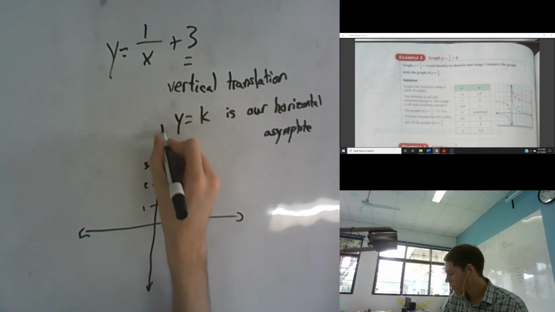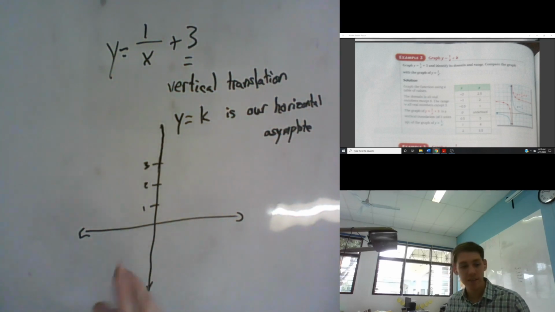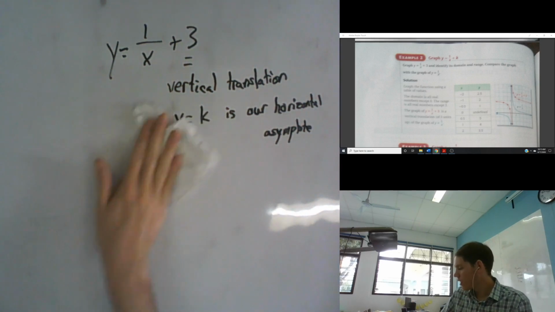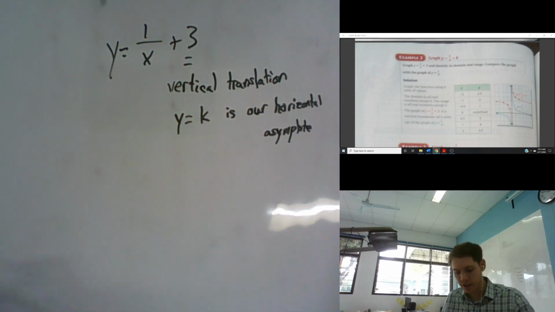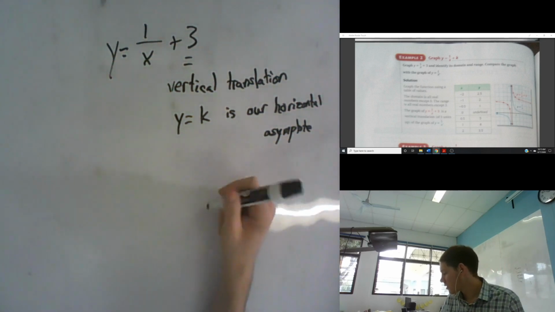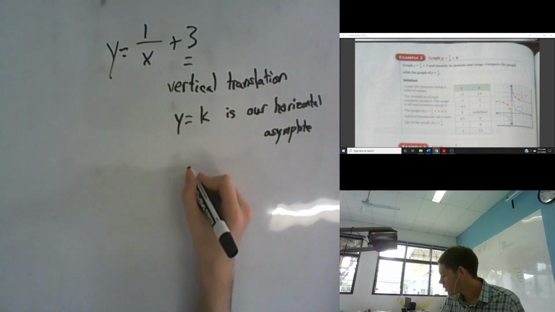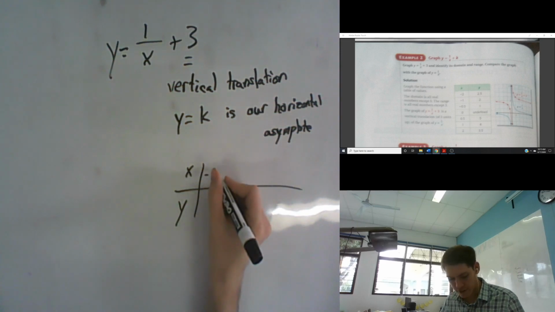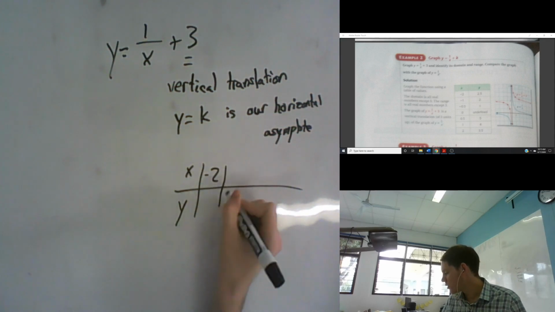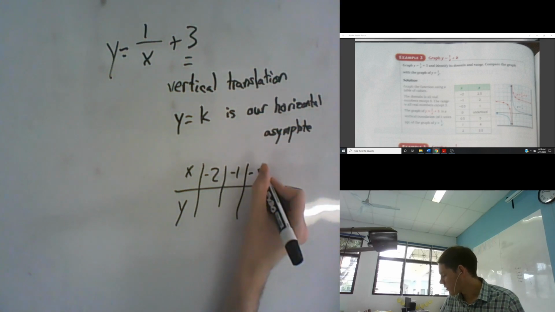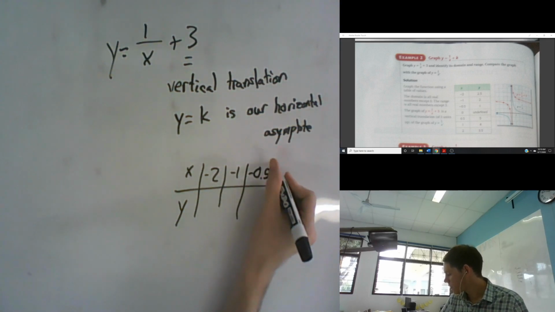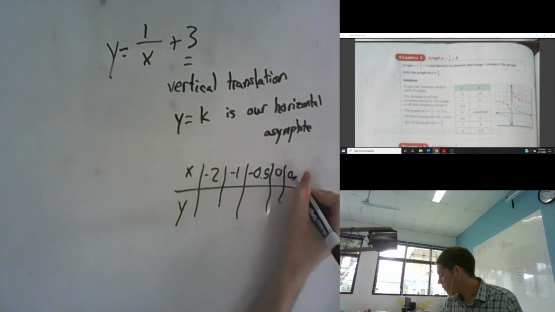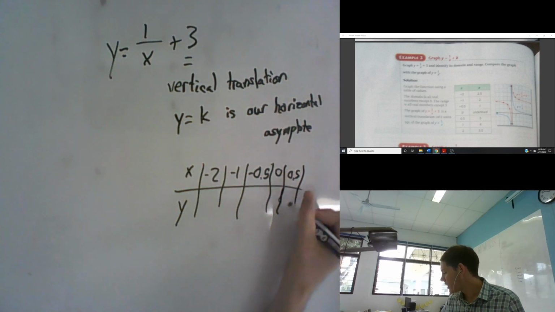Sorry, actually, you know what? Let's start with making the table, because that will help you. So our table, let's just do x and y. Negative 2, -1, -0.5, 0, 0.5. Why did they choose 0.5?